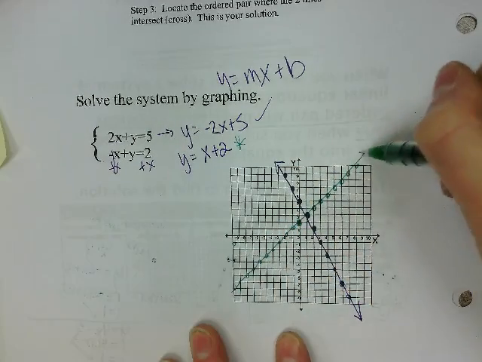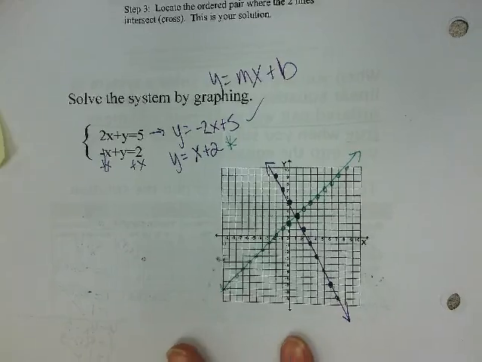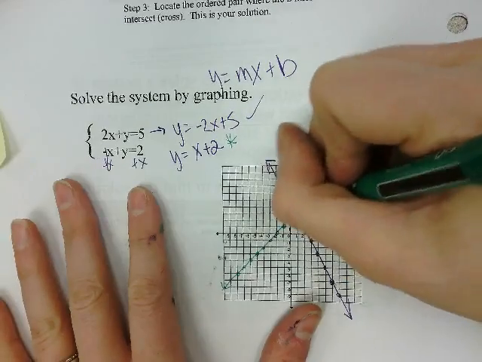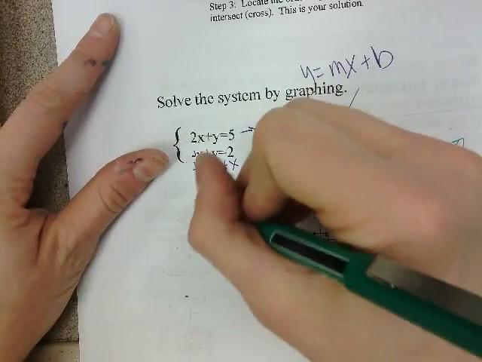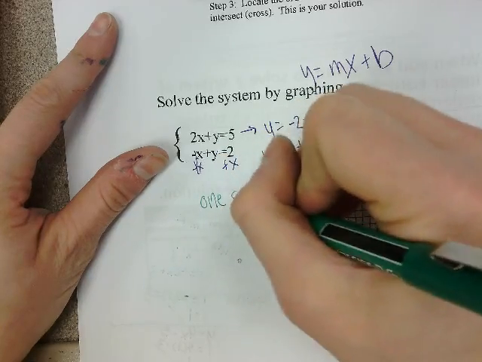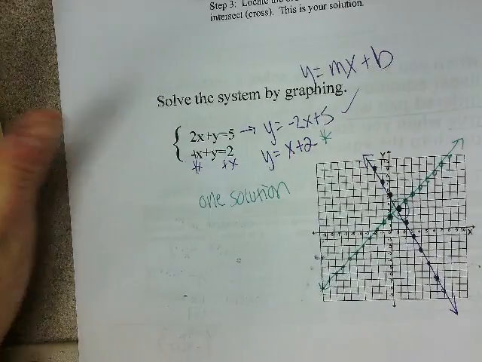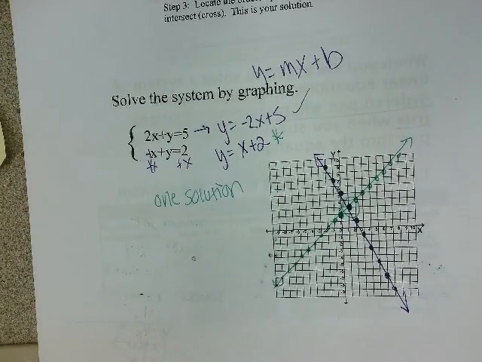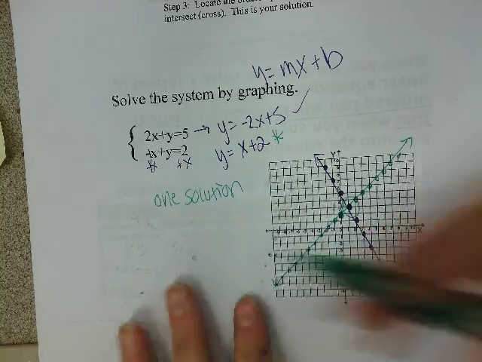Was our prediction correct? Do we have a solution? Yeah, so let's go ahead and circle it. And what is our solution? So what point is that? 1, 3. Perfect.